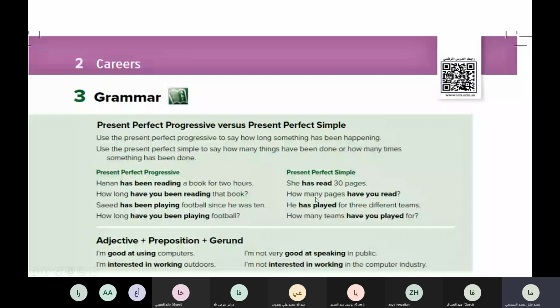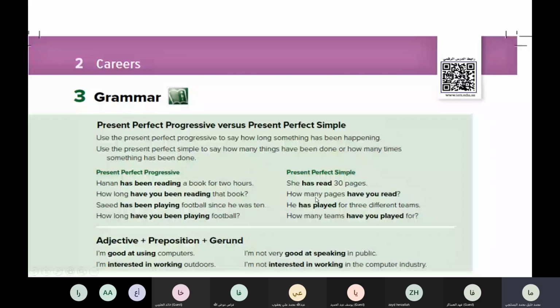So if you want to focus on time, or the duration of time, how long something has been happening, it has been happening since he was 10 up to now. Okay, started when he was 10, happening up to now and may continue in the future. Said has been playing football since he was 10.